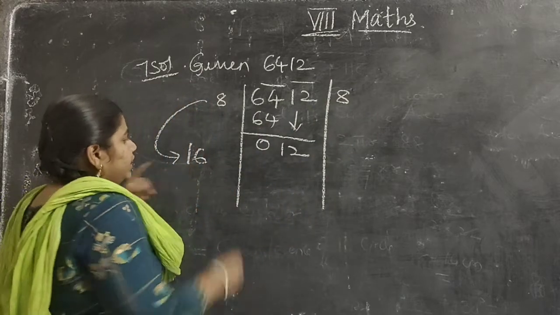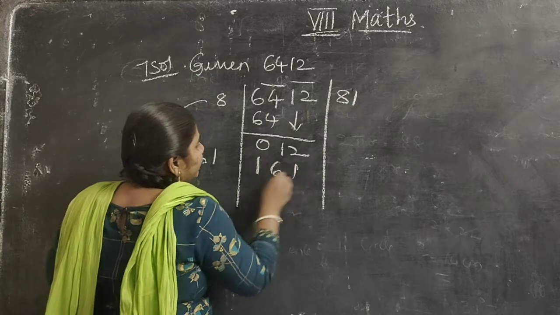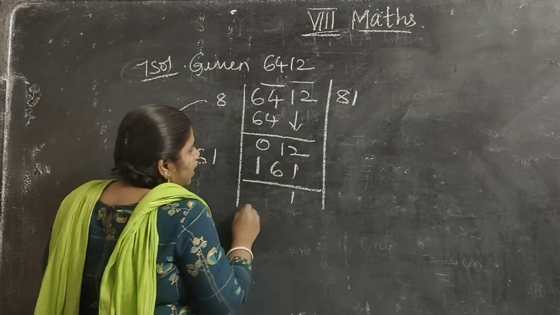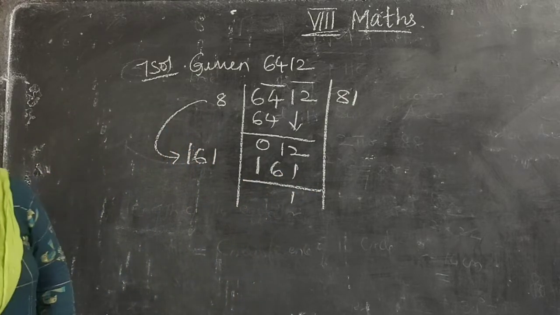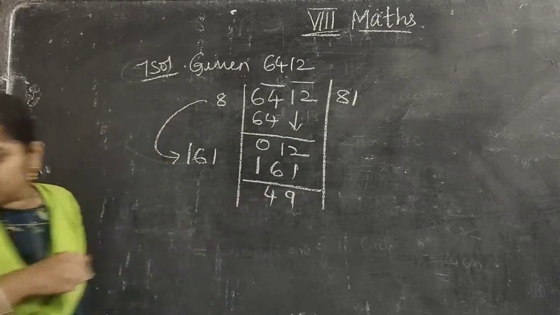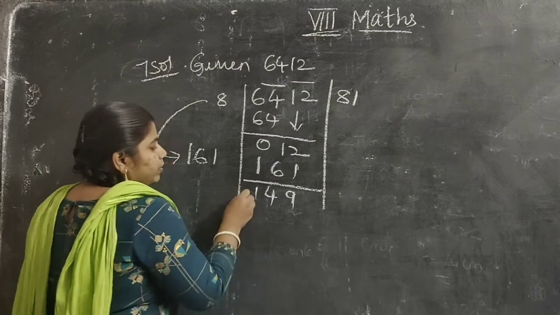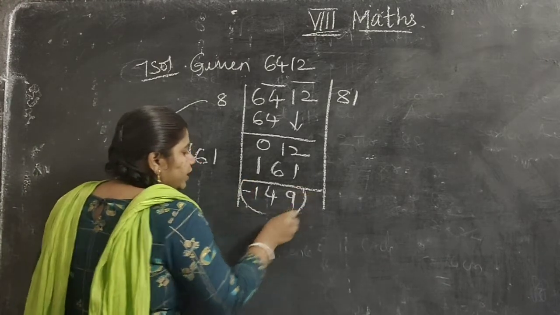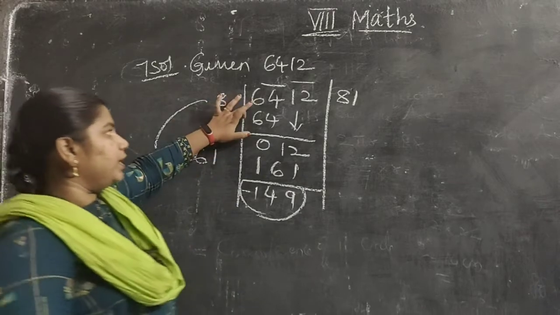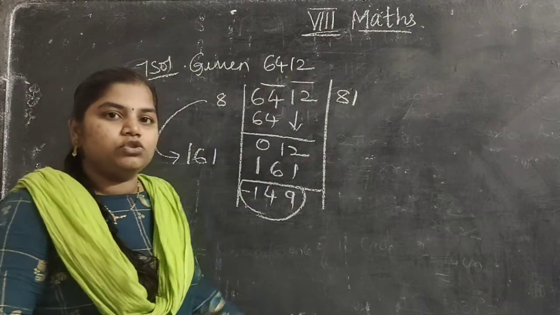So that will be 161, 1s are 161. If you subtract this, how much will you get? That will be minus 149. So for this number, if you add 149, then the result will be a perfect square number.